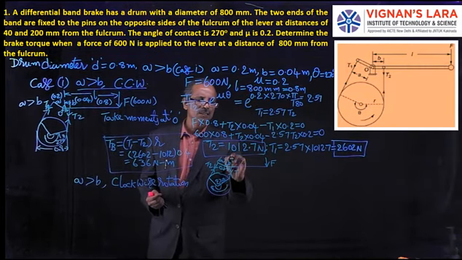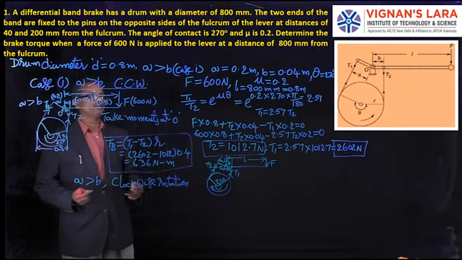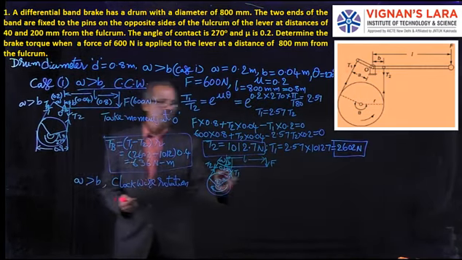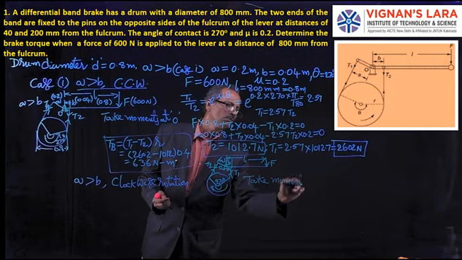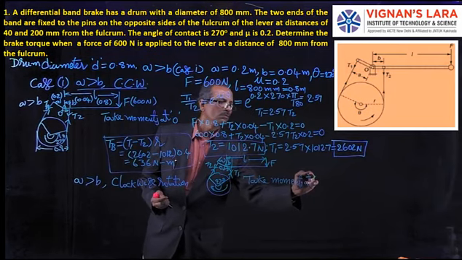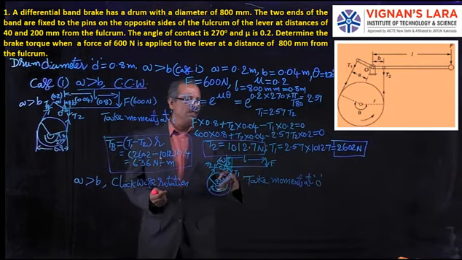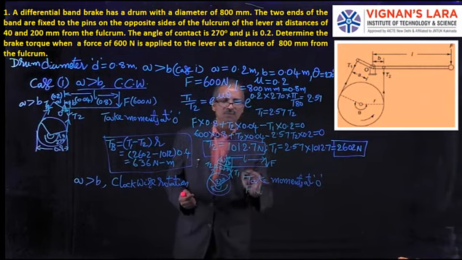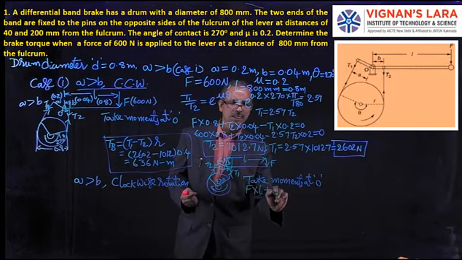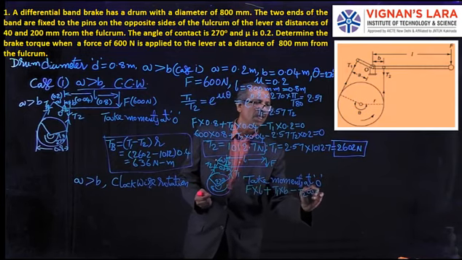This is A, this is B, and this point to here is L. So once again I write the same equation. Take moments at O. Then you can see here F and T1 have the same sense of rotation, that is F into L, then T1 into B minus T2 into A is 0.